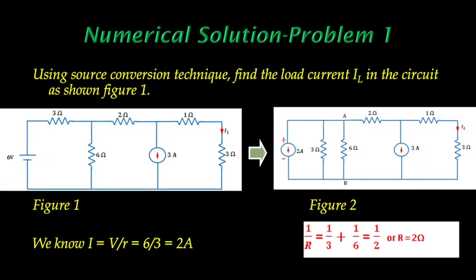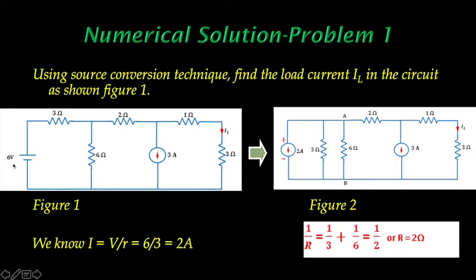Now let's solve some problems using the above technique. Using the source conversion technique, find the load current IL in the circuit as shown in figure 1. Here in this given problem, both current and voltage sources are there. Let's convert the entire source into a current source.